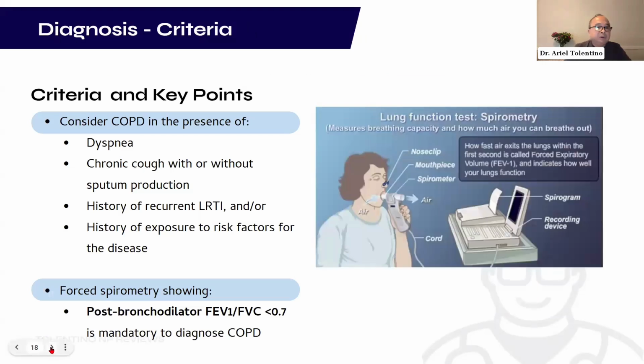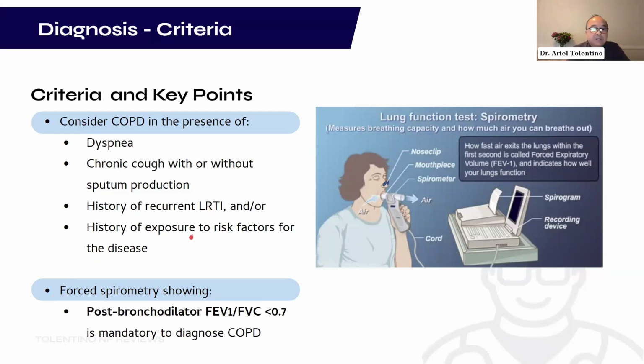Next would be your criteria for diagnosis. Very important for diagnosing COPD, we have to inquire about your quality of breathing based on dyspnea, your cough with or without sputum production, and exposure to risk factors, both extrinsic and intrinsic.